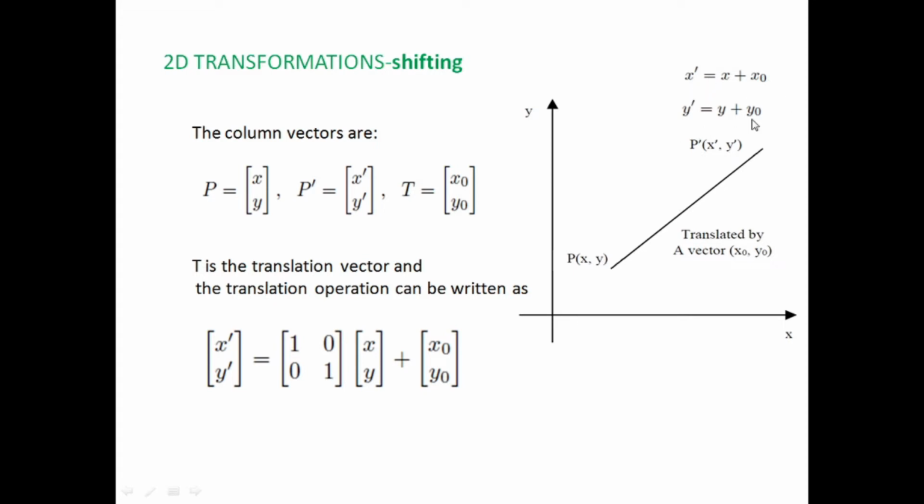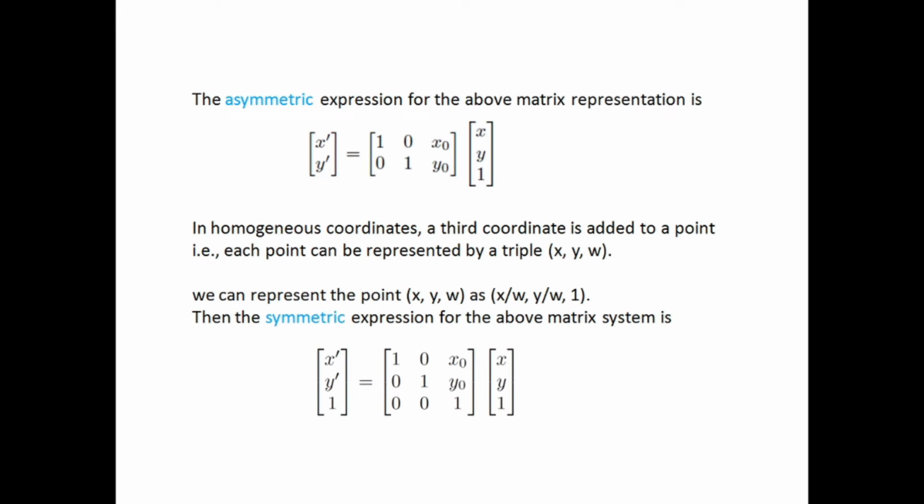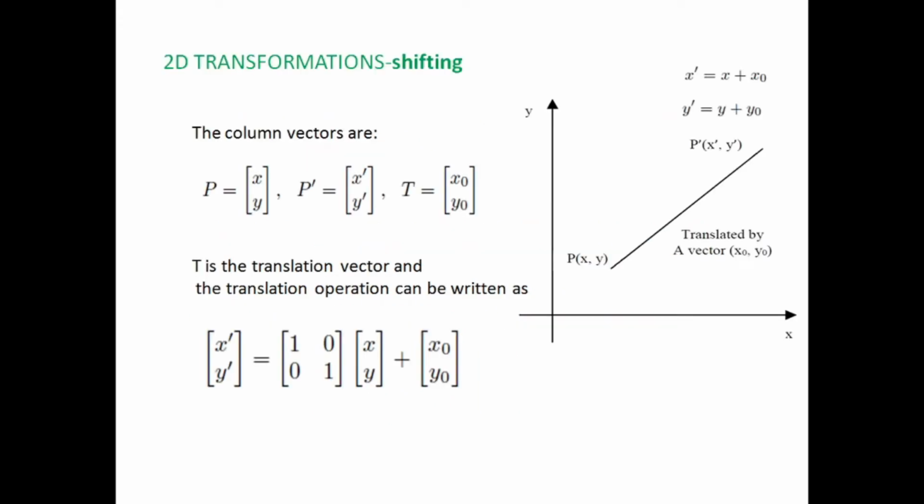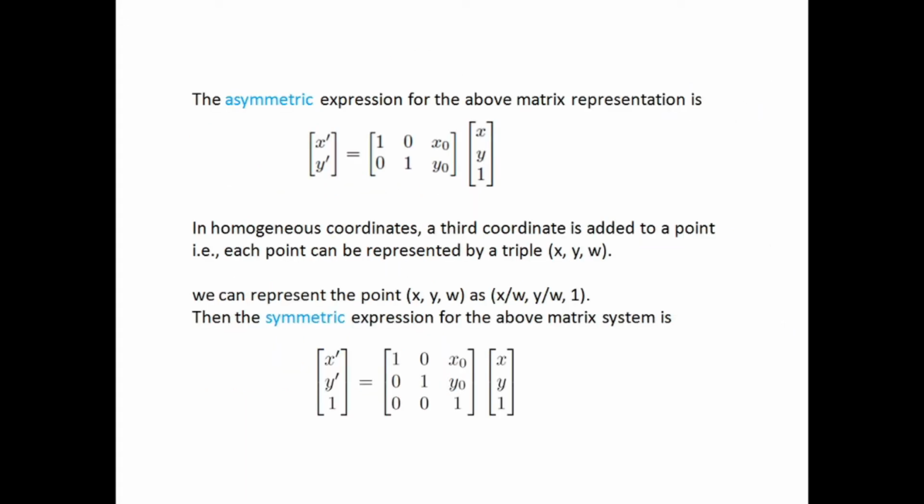The same thing happened, right? Nothing has been done here, just whatever is happening is being represented in the matrix representation. That's it. Now, I can also represent this matrix representation of the new coordinates in this way also.